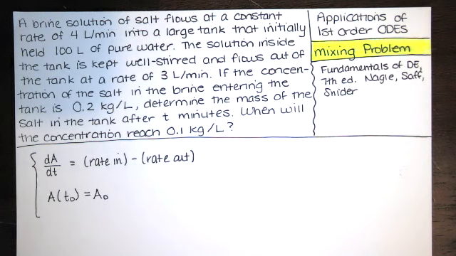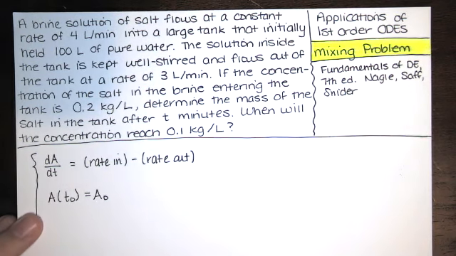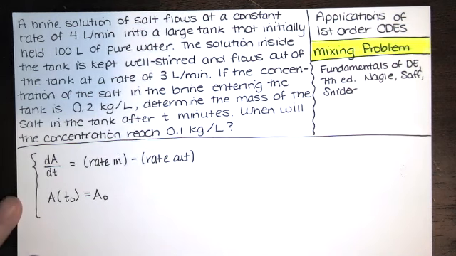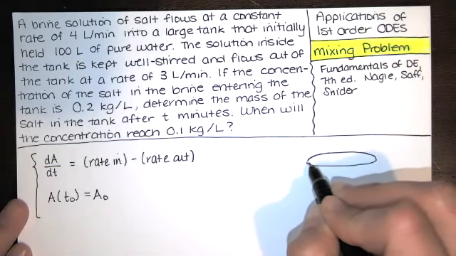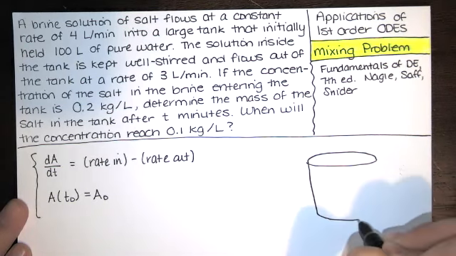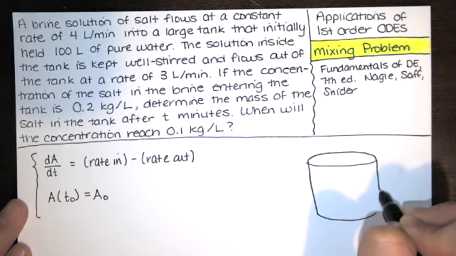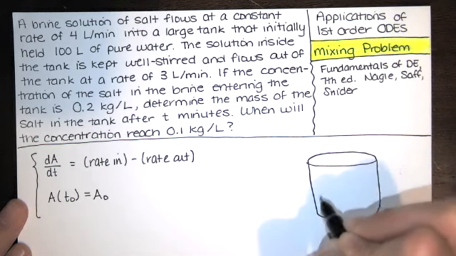The problem statement says, a brine solution of salt flows at a constant rate of 4 liters per minute into a large tank that initially held 100 liters of pure water. So I'm going to draw a picture. I think that's always a good idea. Start here. It's a very large tank.